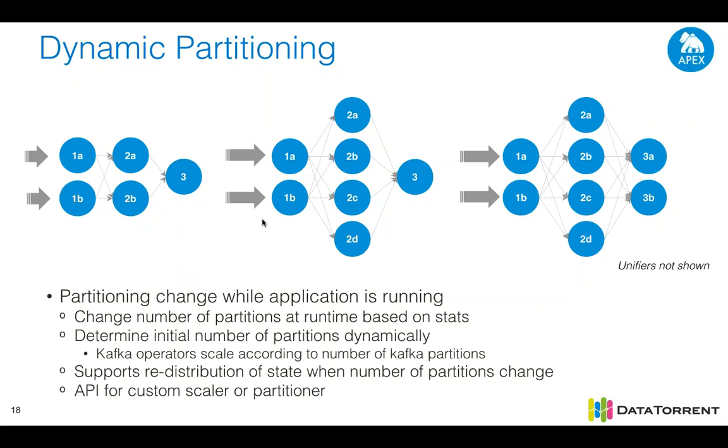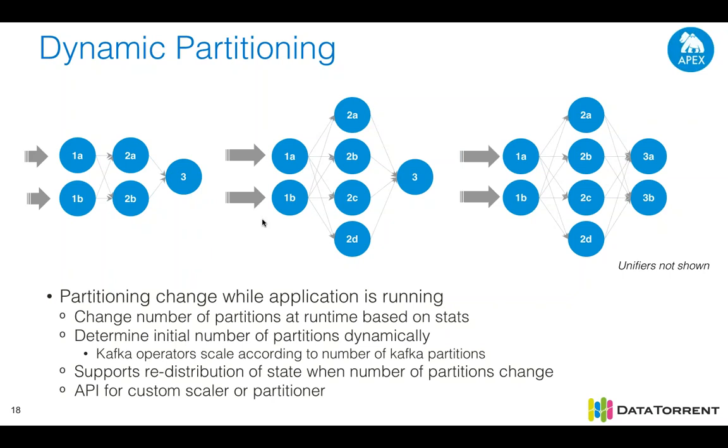that we have. We provide a throughput based partitioner, so based on how much throughput you can set a ceiling throughput, and once the ceiling throughput is crossed, it will partition into more partitions. And one more example is our Kafka operator.